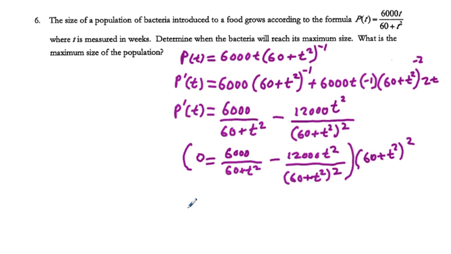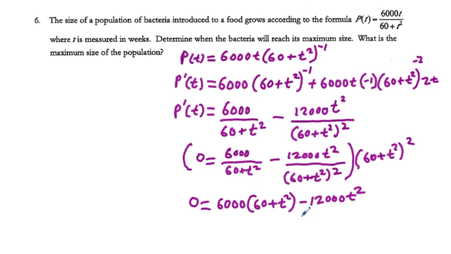When we do that, we're left with 0 equals, well, we multiplied the first term by 60 plus t squared, squared, so we're left with 6,000 times 60 plus t squared. Then we have a cancellation of 60 plus t squared divided by 60 plus t squared, and we end with 12,000 t squared.